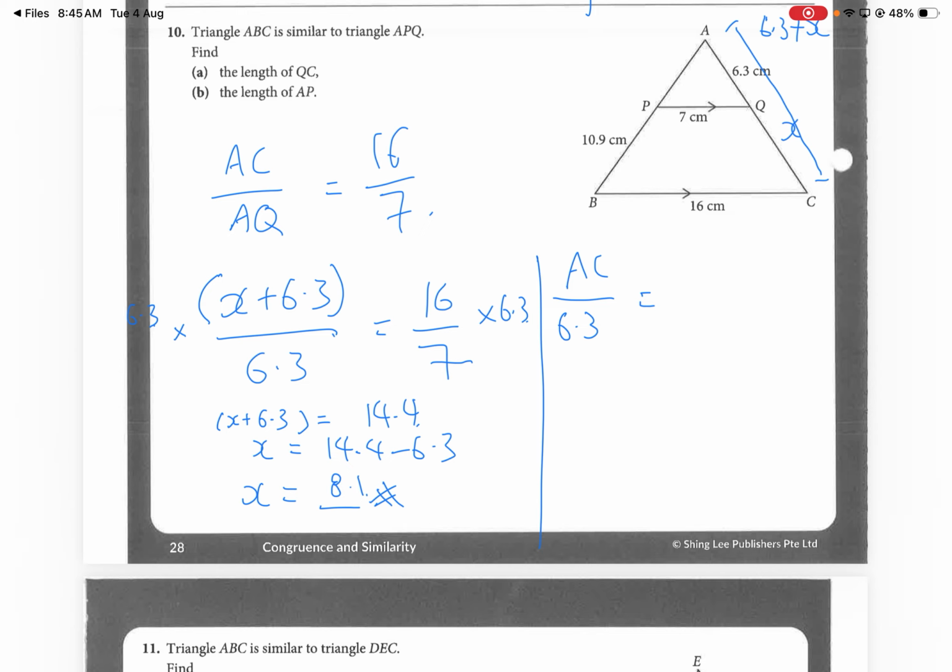Long one over short one equals to 16 over 7. Then I still need to do a bit. I multiply 6.3 on both sides. Then I will find that AC is actually 14.4. If AC is 14.4, then my QC is equal to 14.4 minus 6.3, which is actually the same thing that you are doing.